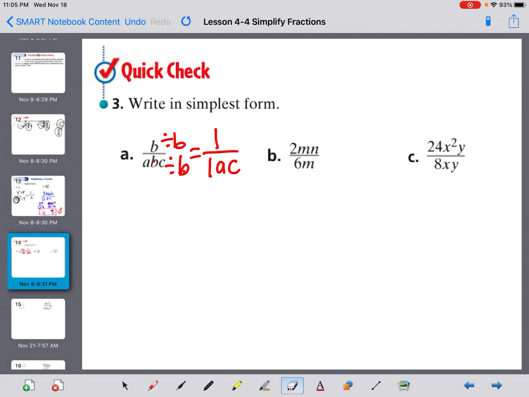You can't do c divided by b. Just b divided by b. Again, you don't have to put a 1 in front of the variable if you don't want to. But you do have to leave the 1 on the top. You can't have a fraction with no number on the top. So the 1 does have to stay on the top. How do I know? There's no variable here next to it. So I'm going to leave it there.